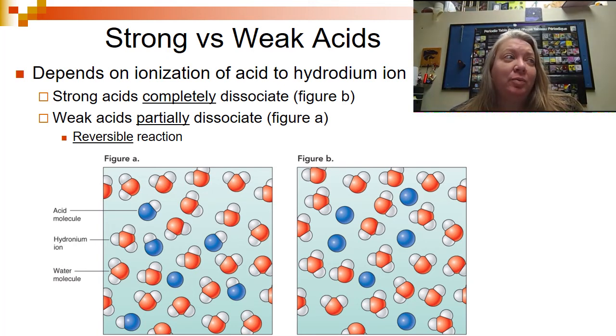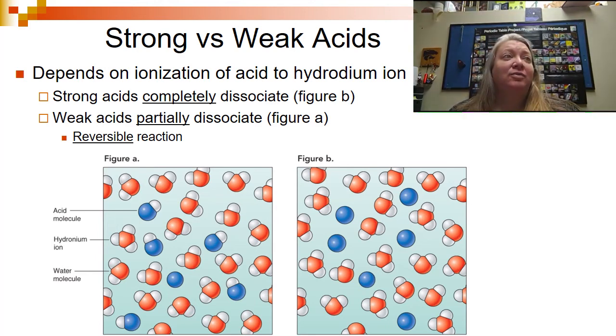But what happens when we put an acid in water? Will it dissociate? Will it break apart, or will it ionize, are some terms you might see? Well, how much it breaks apart or ionizes or dissociates depends on if you have a strong acid or a weak acid. So strong does not refer to how dangerous it is.